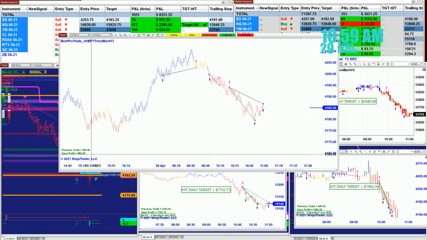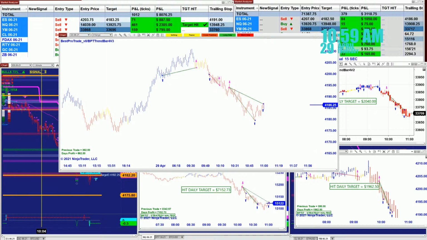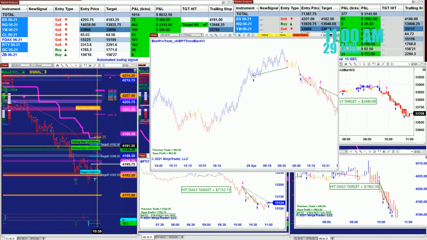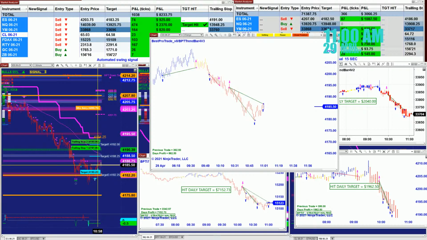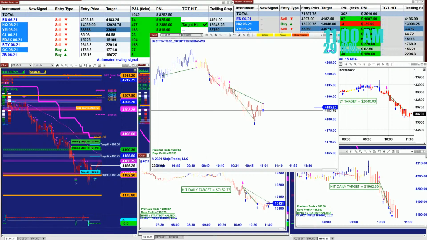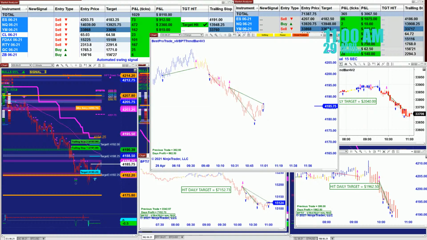For this last $140 or $150 to hit my daily target, the market right now, as we look at this ES, is finished. The ES is finished. I mean, you still can take a manual trade here and there, a couple ticks, but the ES is finished.